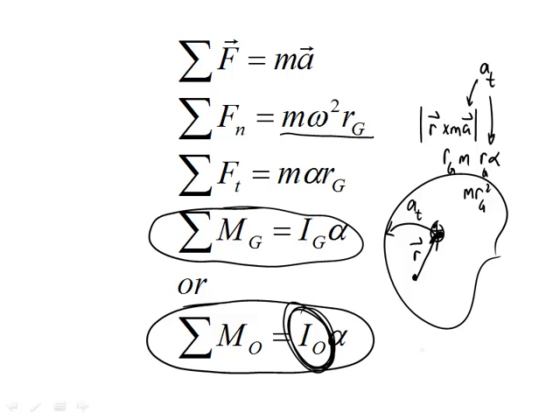But the moment of inertia about O is equal to the moment of inertia about g plus m r squared. So there's the m r squared times alpha, and that's just equal to I sub O times alpha. The beauty of I sub O and the parallel axis theorem is that the r cross ma term is built in, and that's going to make life nice.